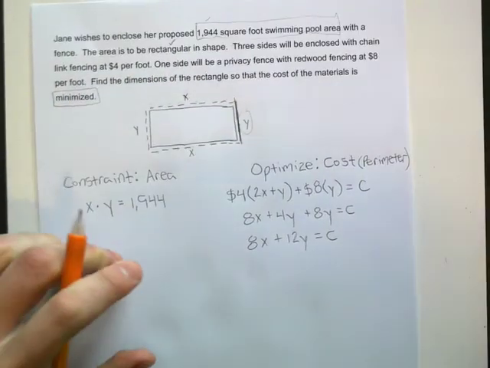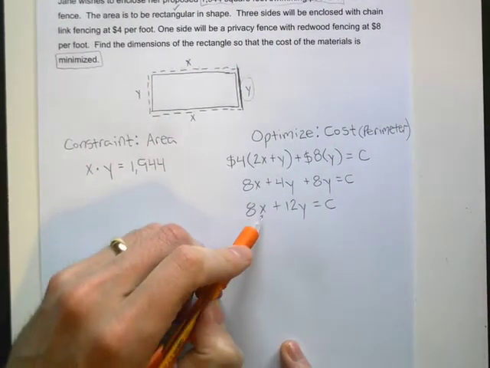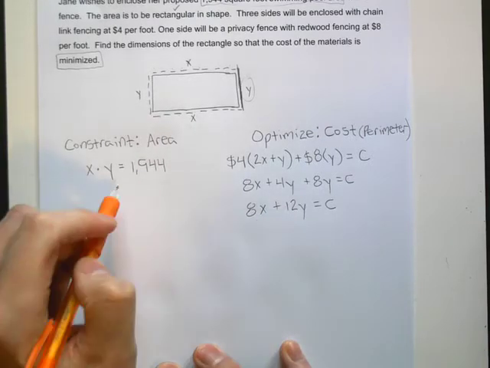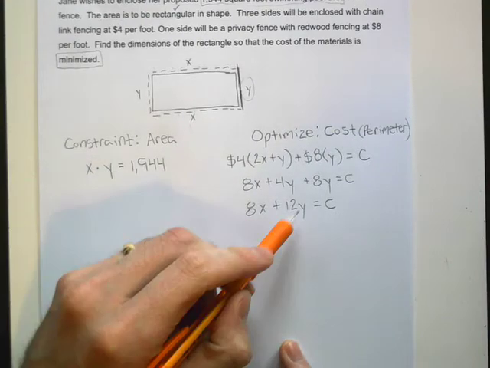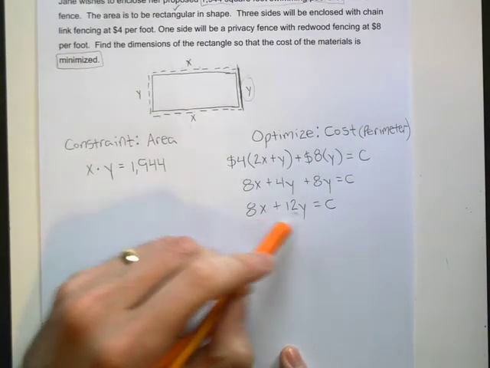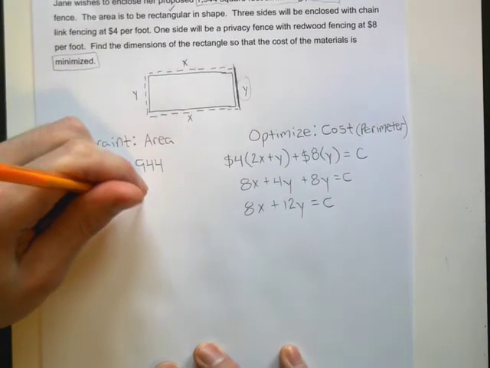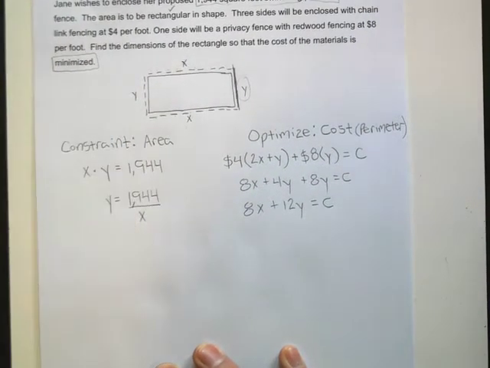And now we're back to where we were last week, where we talked about how we have two different variables in this equation, but we have another equation here that we can rewrite, so that we only have one variable in this equation. So let's say y is equal to 1944 over x.